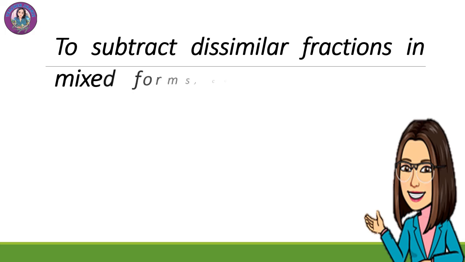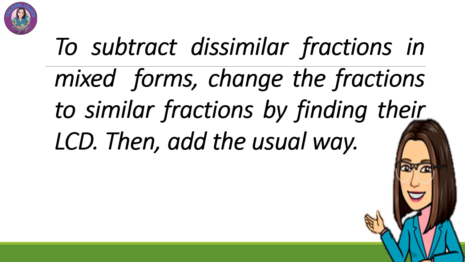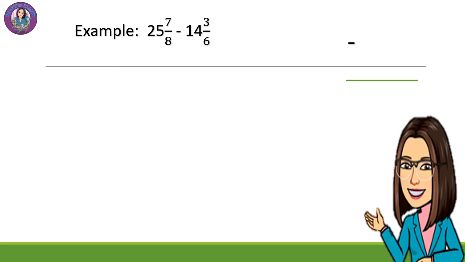To subtract dissimilar fractions in mixed forms, change the fractions to similar fractions by finding their LCD. Then subtract the usual way. Example: 25 and 7/8 minus 14 and 3/6.